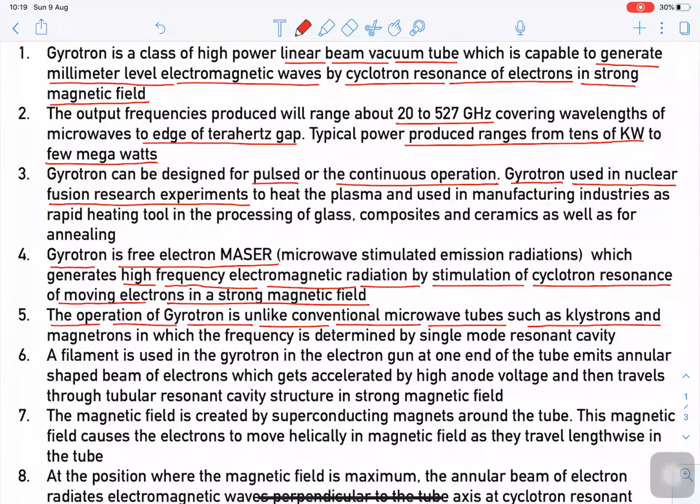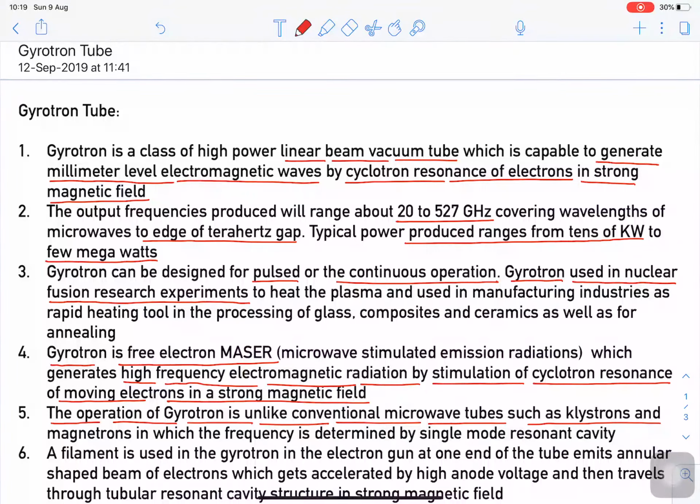So this construction of the gyrotron tube is altogether different from the construction of all other conventional microwave tubes. Remember that all other conventional microwave tubes utilize a process called velocity modulation. Here the velocity modulation process is not used, but a special process is used with the help of a maser, by making use of a strong magnetic field.